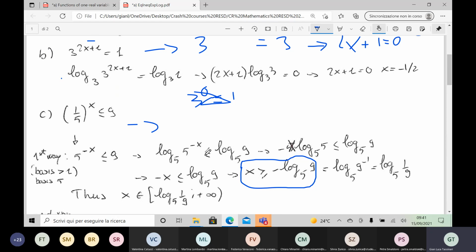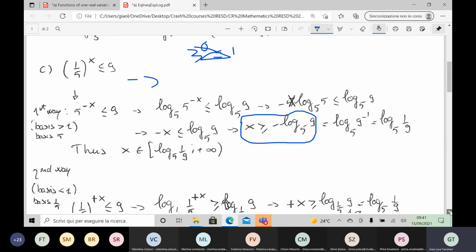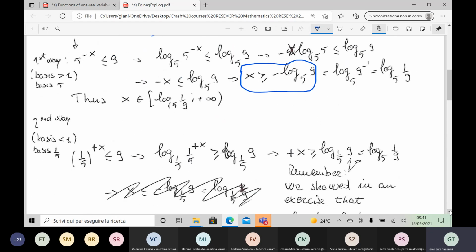The sign is unchanged, okay? Because we are in case A that I've just shown you graphically. On the contrary, if you want to work with the basis smaller than 1, you can do it. Take the logarithm with this basis, but then remember that in this case you have to change the sign, the verse of the inequality. Okay.